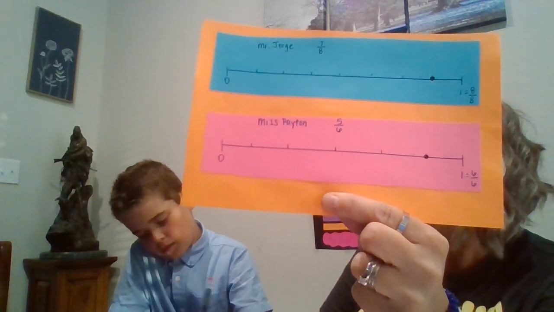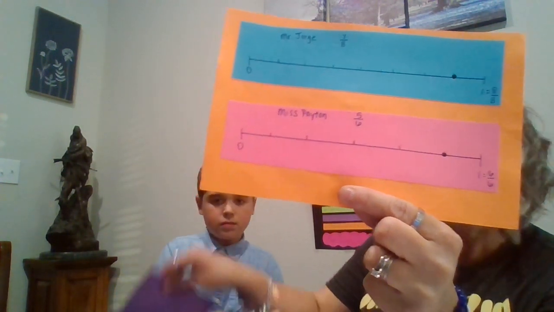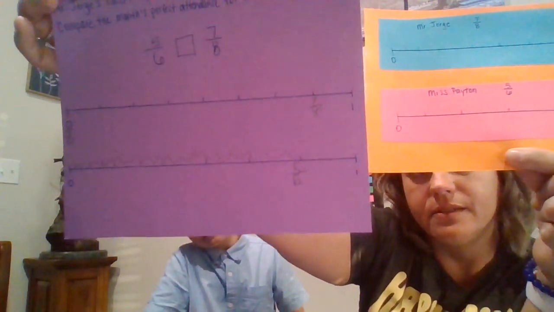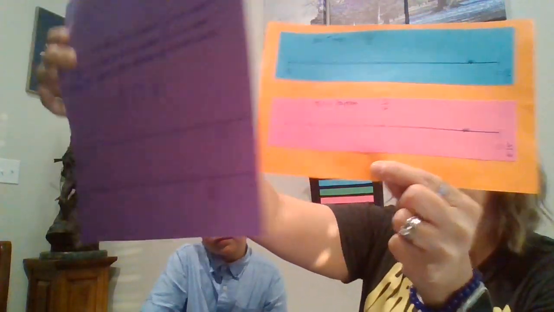All right, let me see what you have. Good. You have accurately marked your number line. Now Anthony, these are close. It's kind of tough. Are these equal or is one greater than the other? One is greater than the other. Why do you say that? Because if it wants to be 5/6, then this would have to be right here.